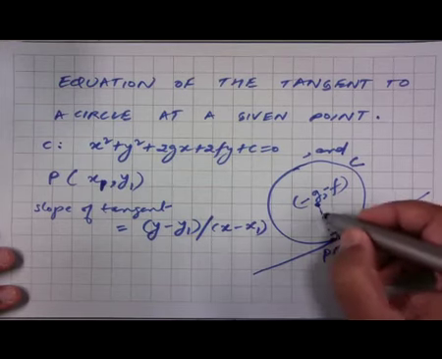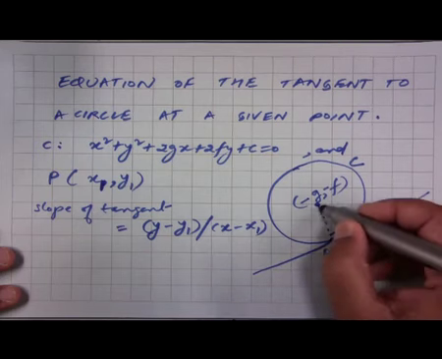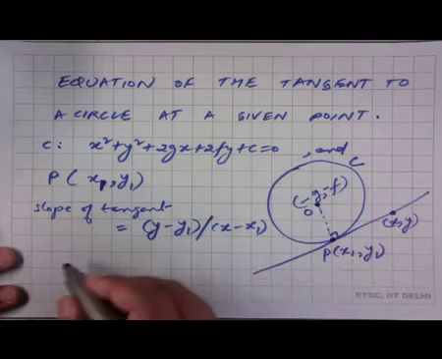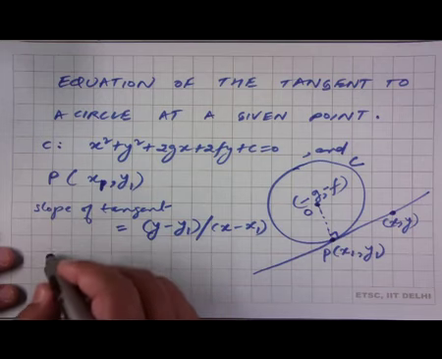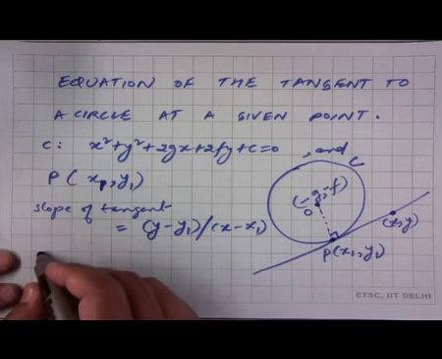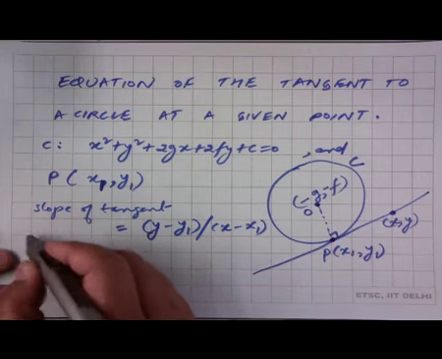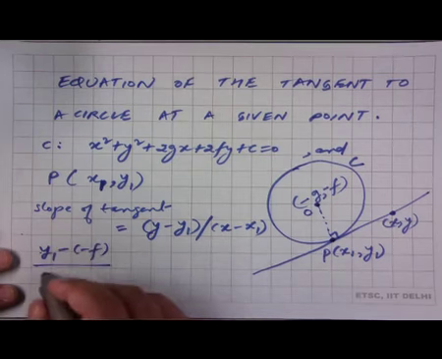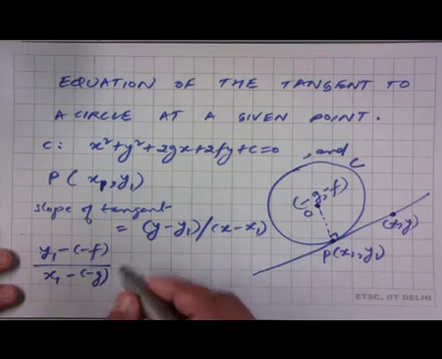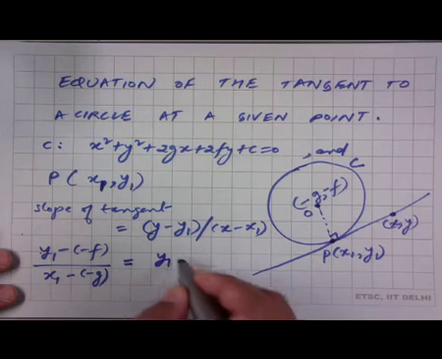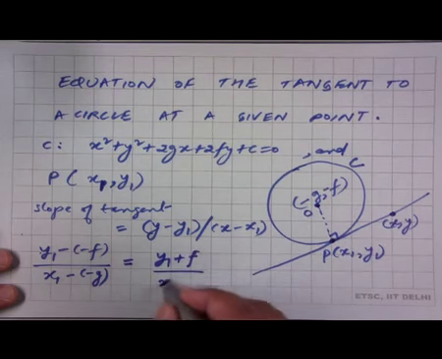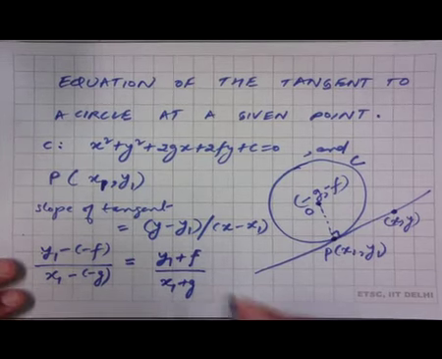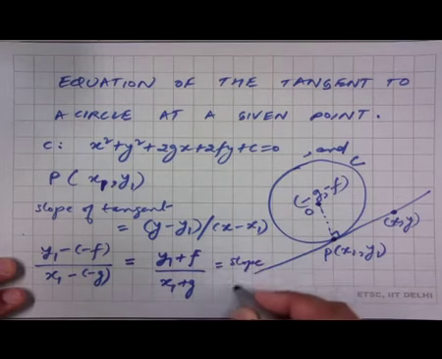The slope of the line joining this point P to the center of the circle is y1 minus f divided by x1 minus g, which is equal to y1 plus f divided by x1 plus g. So, this is the slope of OP.